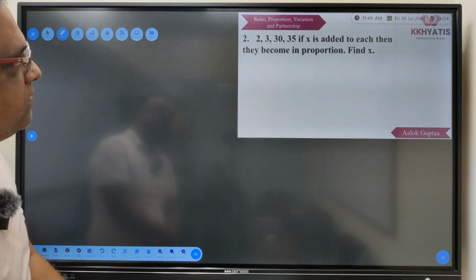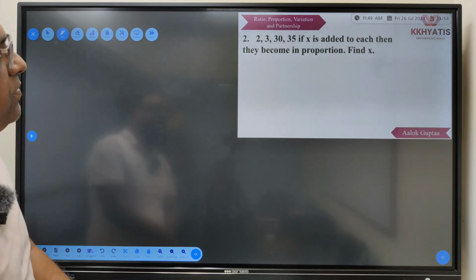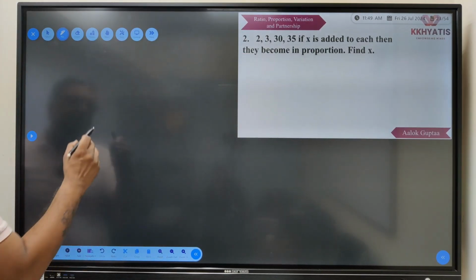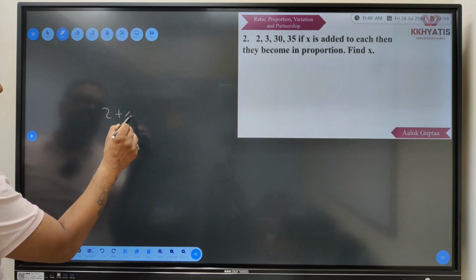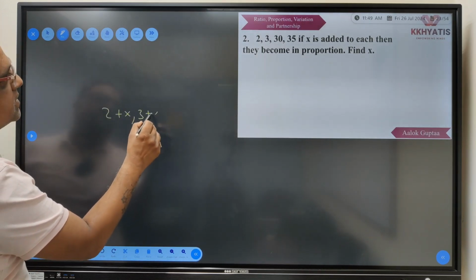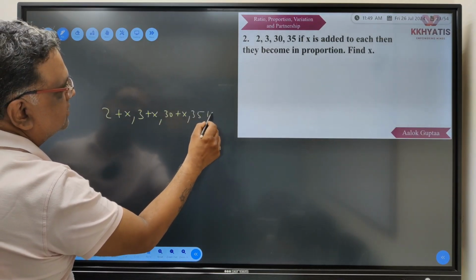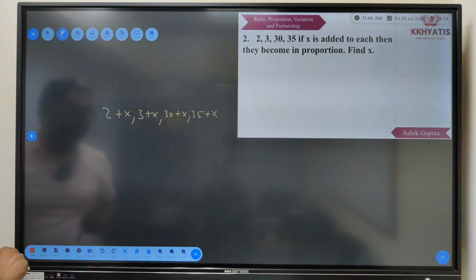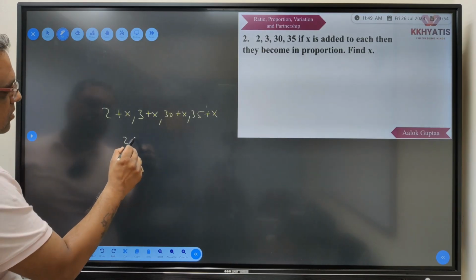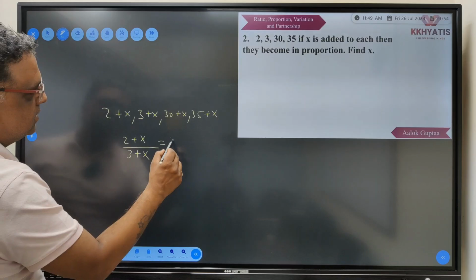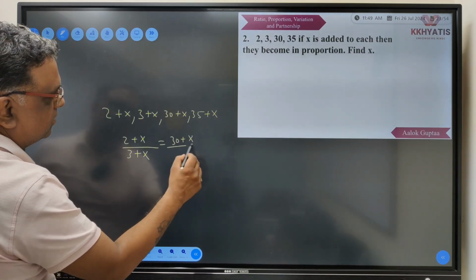2, 3, 30, 35. If x is added to these quantities, they become in proportion. Let me add the quantities: 2 plus x, 3 plus x, 30 plus x, 35 plus x. Now they are in proportion. So 2 plus x upon 3 plus x is 30 plus x upon 35 plus x.